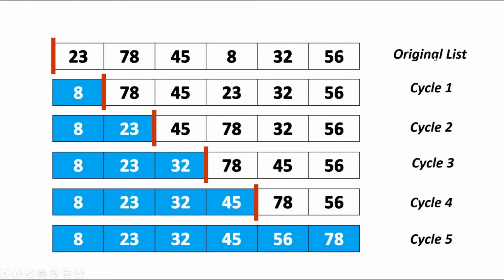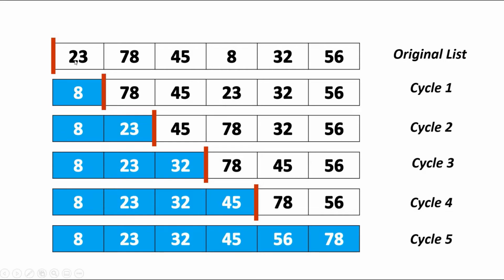This is called the original list, and I have placed the imaginary wall at the beginning, because there are no two portions as sorted subarray and unsorted subarray. In this example, in blue color I have represented the sorted things, and in white color the unsorted things. Now let's do the steps we learned earlier.